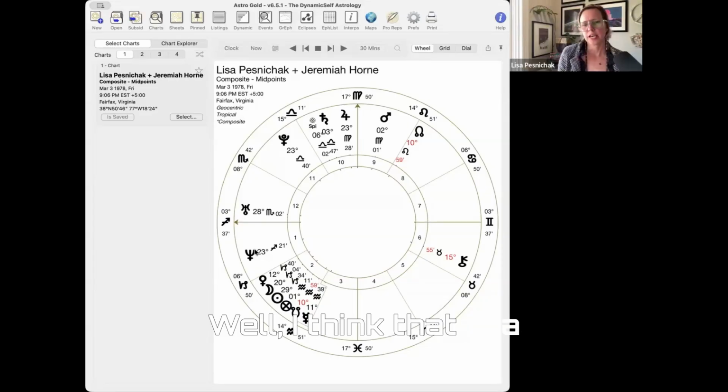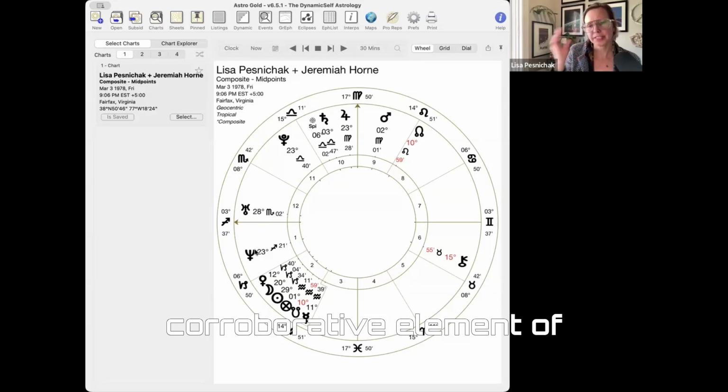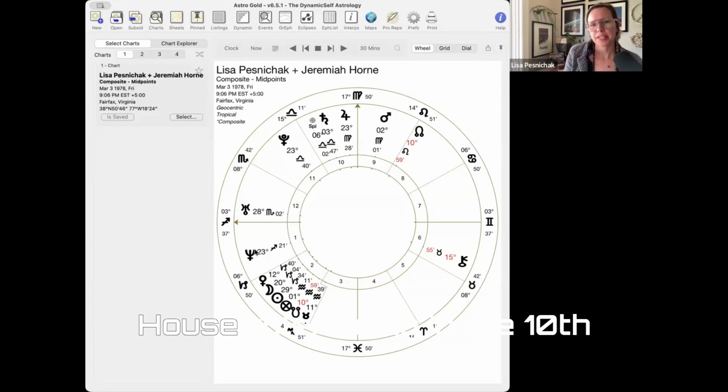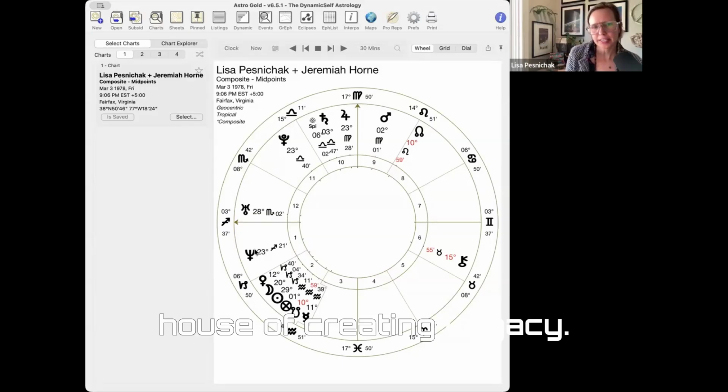Well, I think that is a corroborative element of the second house emphasis, as well as the second house ruler being in the 10th house of creating legacy. Also, the ruler of the first house being in the 10th house, creating legacy.